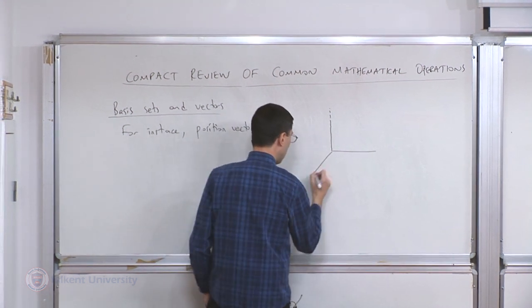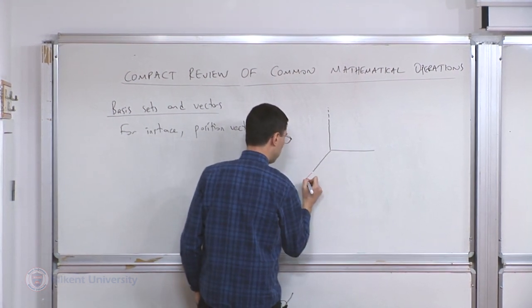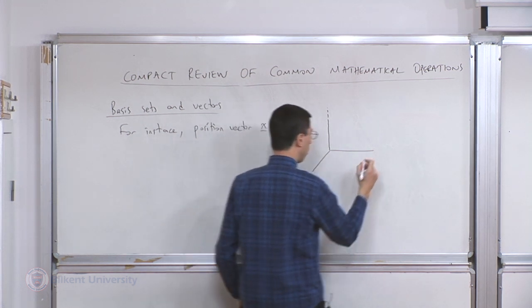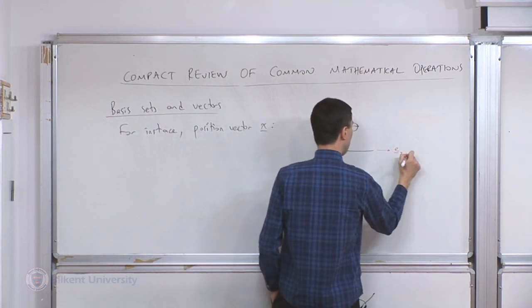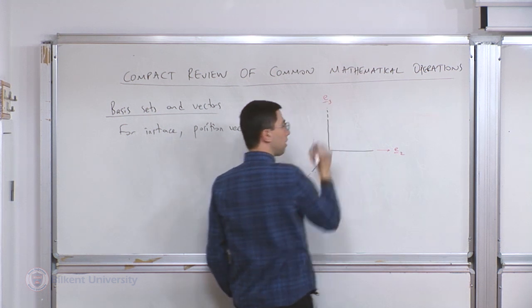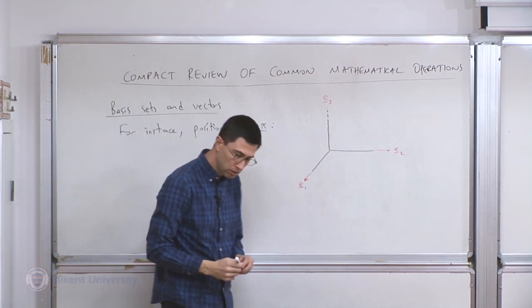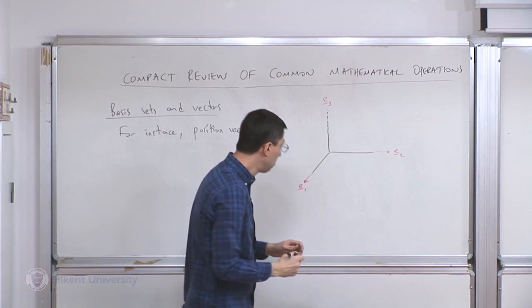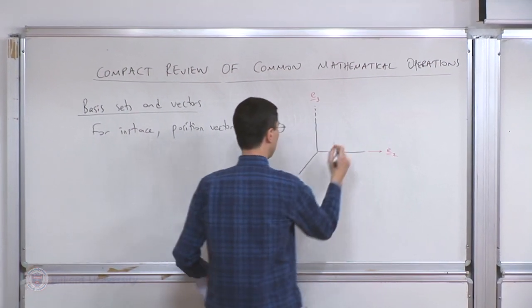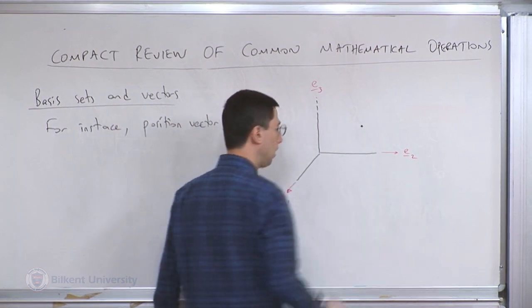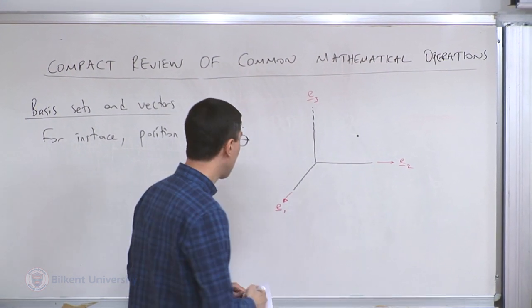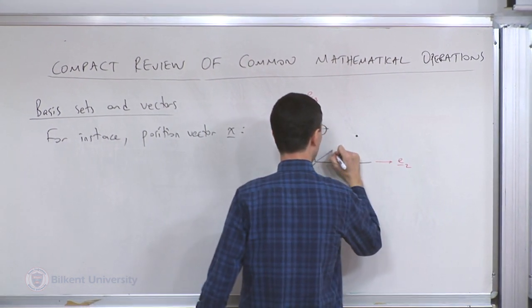Along the coordinate axes, I will define some vectors. I'll call them E1, E2, E3. Eventually, I will call these basis vectors. Then I will mark a certain position, let's say that point, and that point has a position vector x.